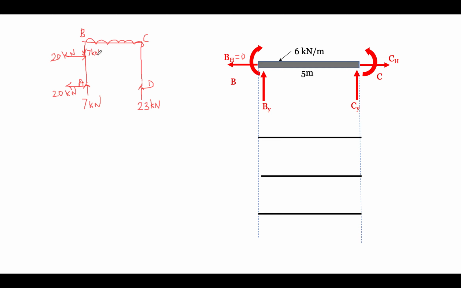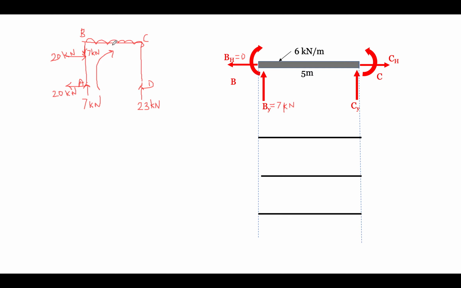Now when there is this load of 7 kilonewton, there will be balancing. There has to be balancing between two supports. So when this is 7 kilonewton, then this will be 7 kilonewton as well. Now when this is 7 kilonewton, then we can easily calculate what is the Cy value. We are solving the problem like this: we have seen what forces are available from this point, and we are going like this.